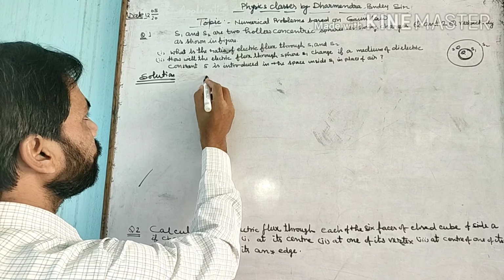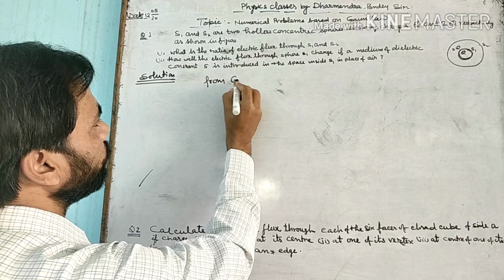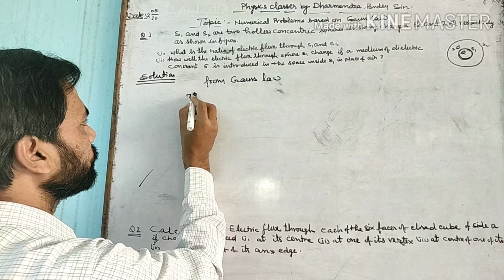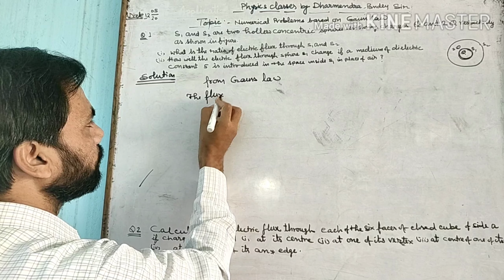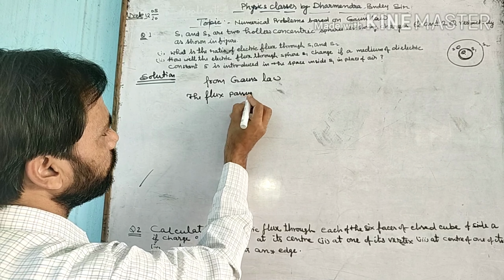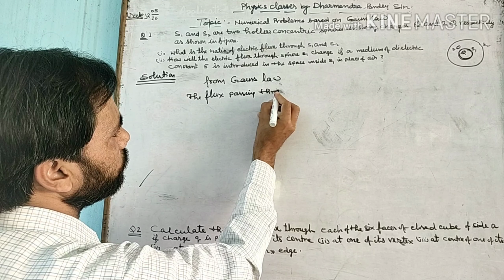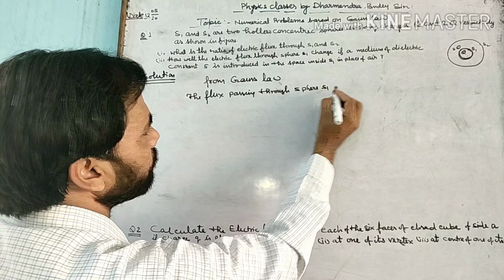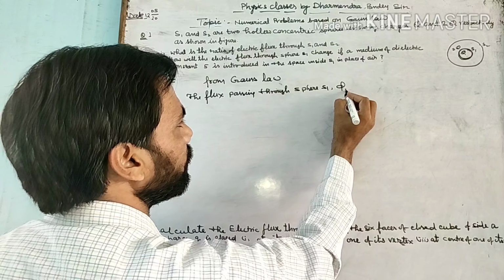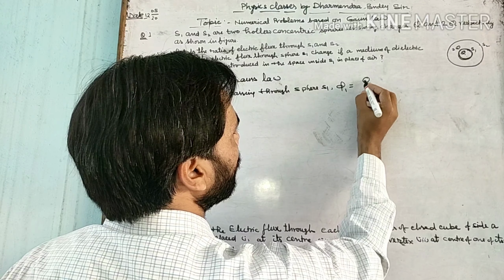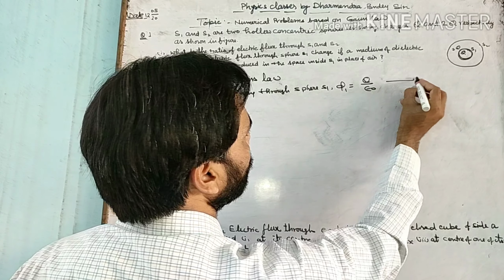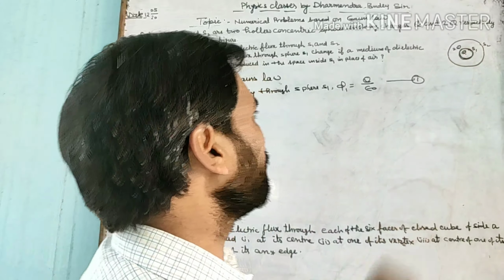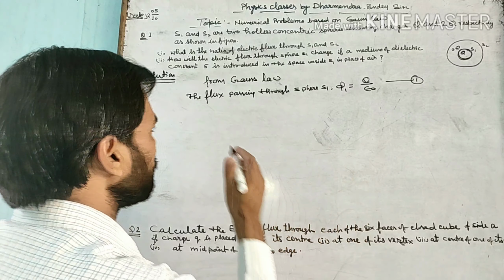So from Gauss law, the flux passing through sphere S1, let this be phi 1, can be written as equal to capital Q upon epsilon 0. Very simple, because only charge Q is inside this closed surface.